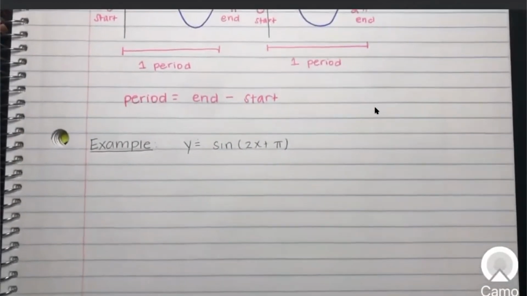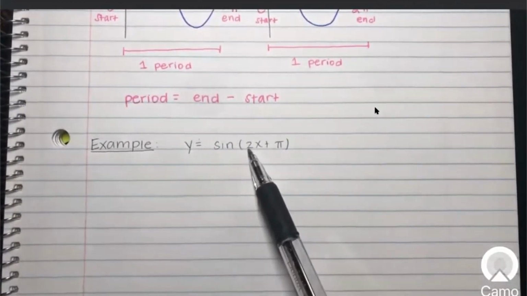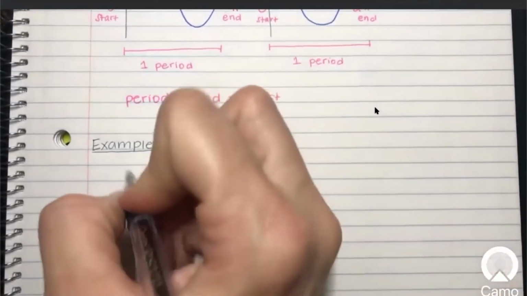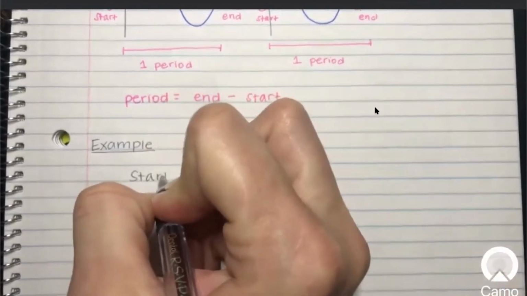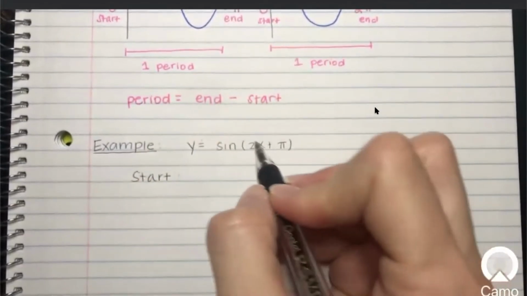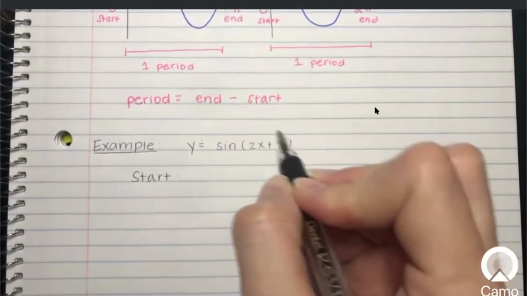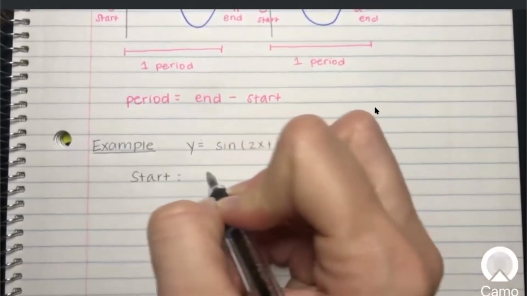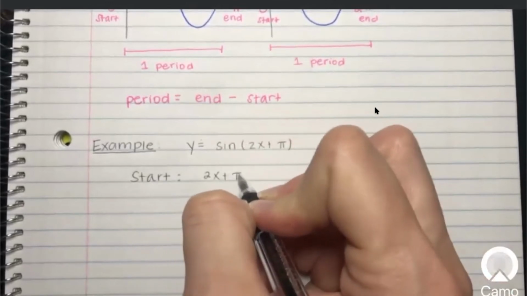So for this first example, we have y equals sine of 2x plus pi. To find the period, we find the place where this function starts. We're going to set whatever is inside sine equal to the normal parent starting point.